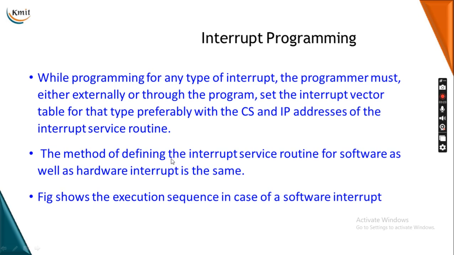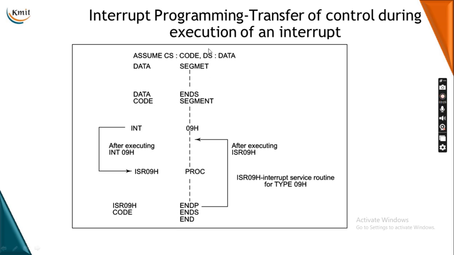So how will the execution sequence be? If we are writing the program, it starts with assembler directives: assume CS code, DS data segment, some data mentioned in the data segment, data ends, then the code segment starts with some instructions. If in the instructions an interrupt occurs, which is INT 09H, it stops the execution here.